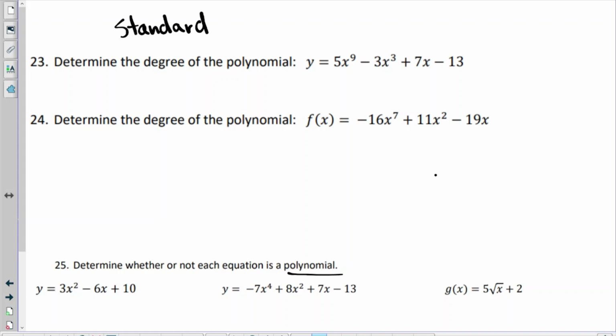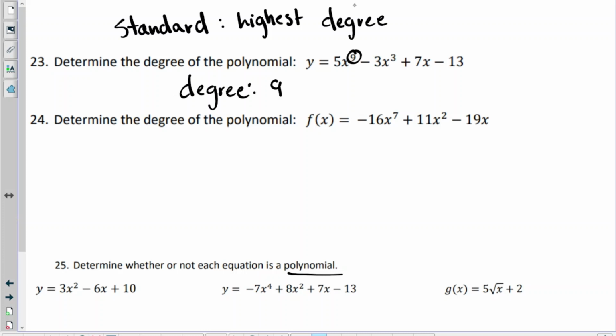But in this case, you just look for the highest degree. Technically, we do say leading coefficient, which implies that it's the first one. It doesn't have to be, but in order for it to be perfect standard form, you have to write your largest degree first. So in this case, both of these are. My largest degree is 9, so this is just degree 9. Or my largest exponent is 9.